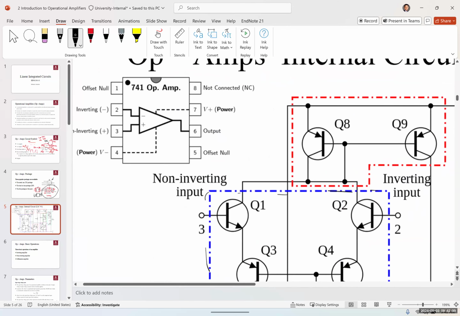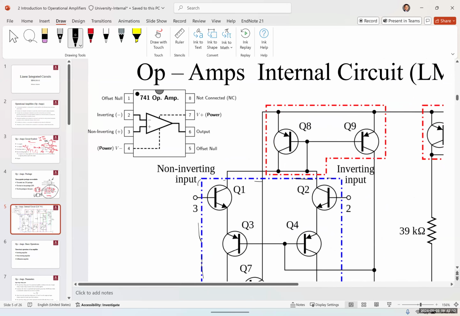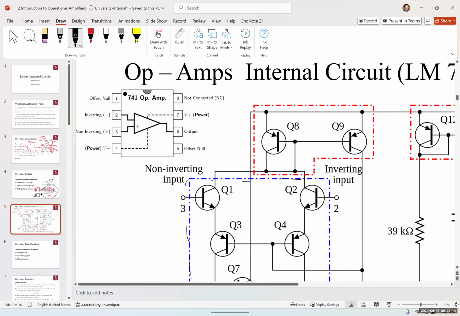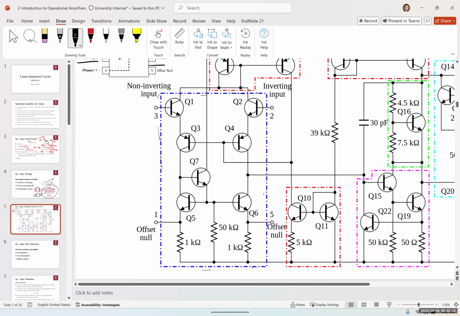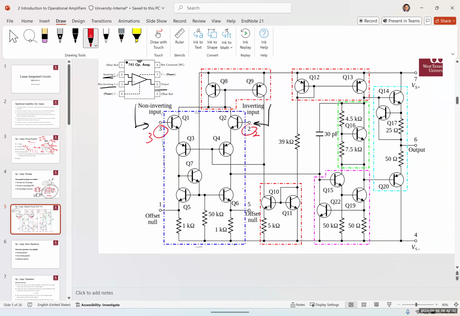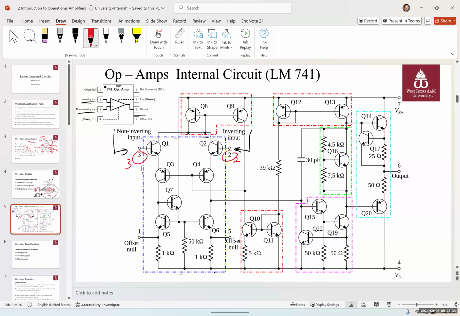So if we look at the 741 op amp, we see that we have an inverting input, the non-inverting input, and the output. The inverting and non-inverting inputs are connected to pin number 3 and pin number 2. And then at the next stage, the output of here is connected to the next stage, which is what we call a Darlington pair.